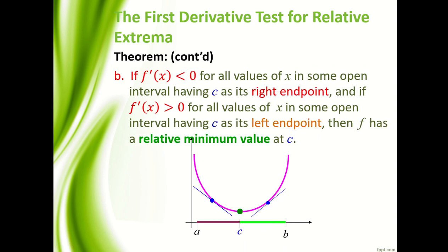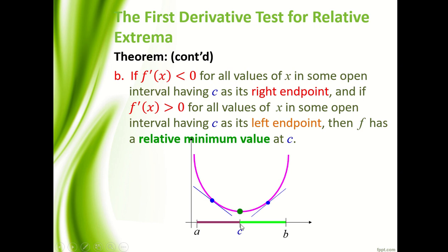Now for B, if f prime of x is less than 0, so this is now the opposite scenario, class. If the first derivative of x is less than 0, meaning negative for all values of x in some open interval having c as its right endpoint. Okay, so we're considering this part here.